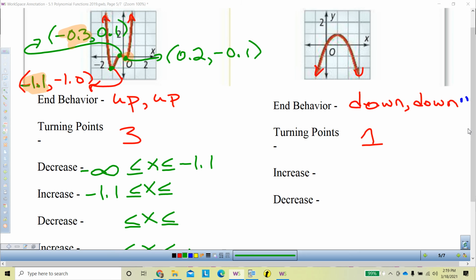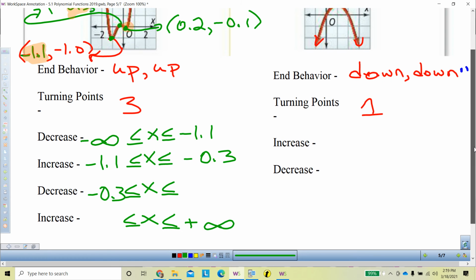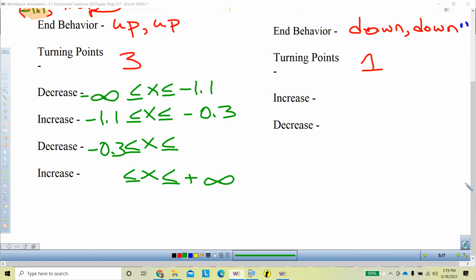Second x value is negative 0.3. That's what I write next here. That repeats on the next line down. And then my last x value from the last min was 0.2. So I write 0.2 here, and it continues below, and we're done.